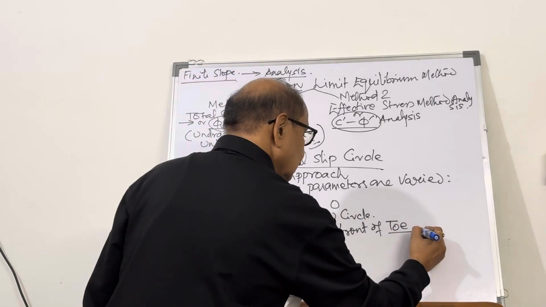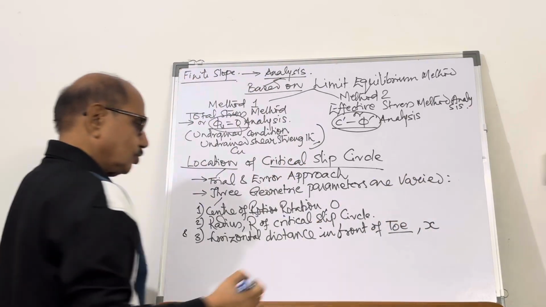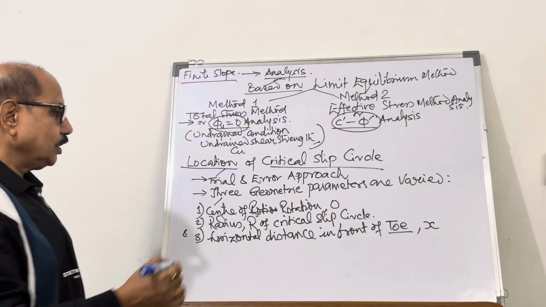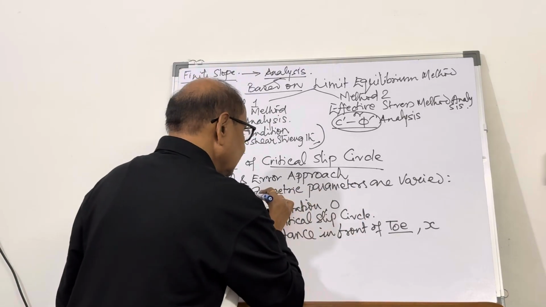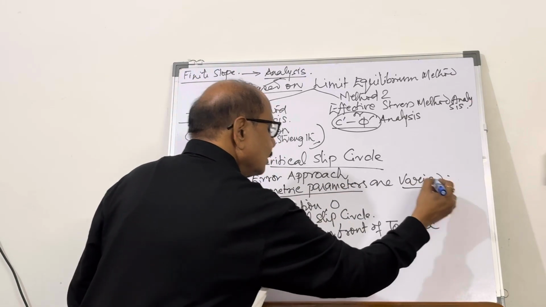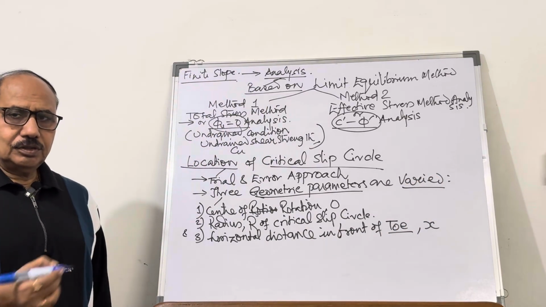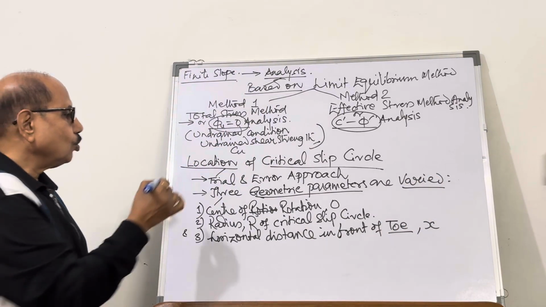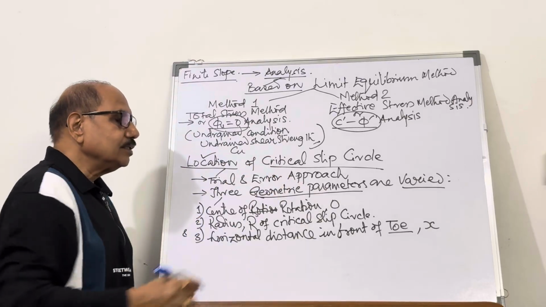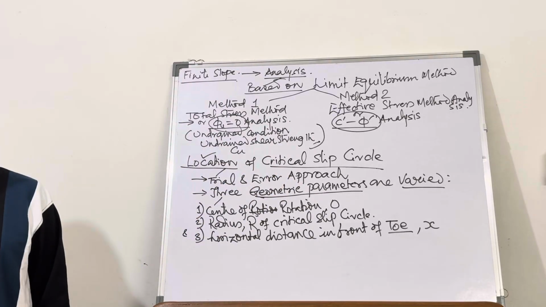That is x. So these are the three geometric parameters that are changed so as to locate the critical slip circle.